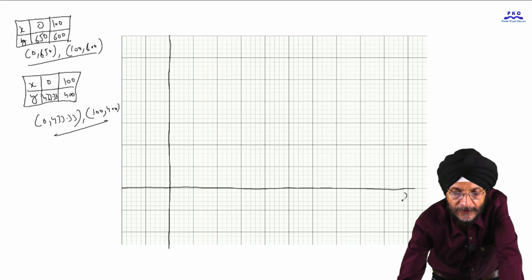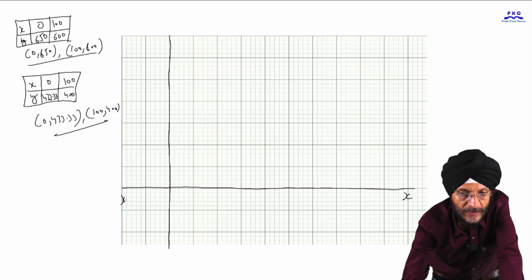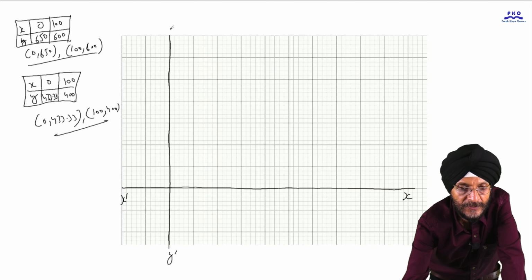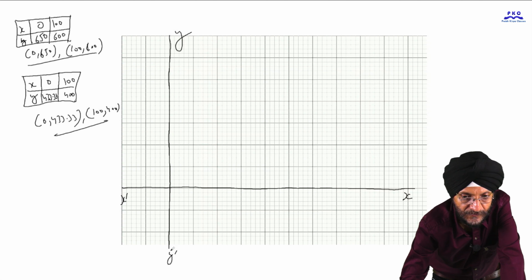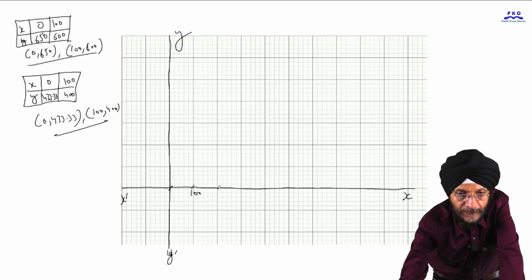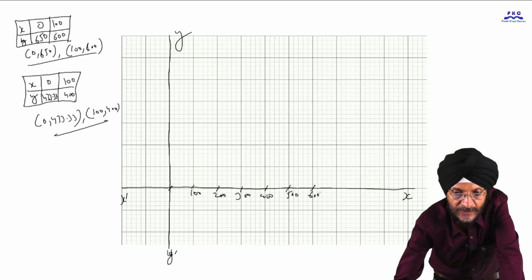This is x-axis, this is y-axis, 100, 200, 300, 400, 500, 600, 700, 800.